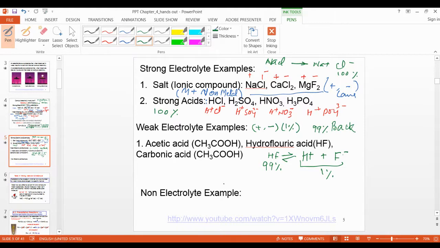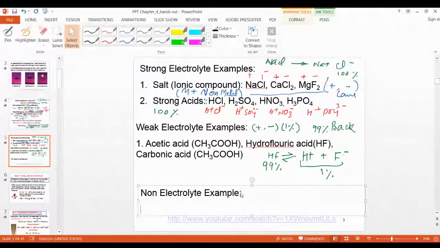So the last one is non-electrolyte, only we have one example. Glucose, C6H12O6. These are the glucose.